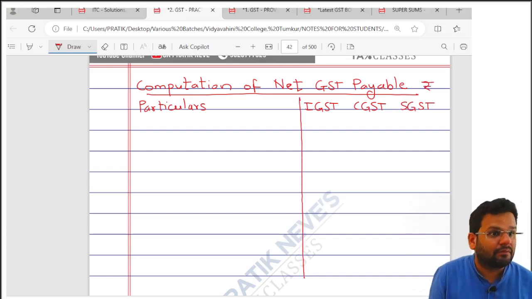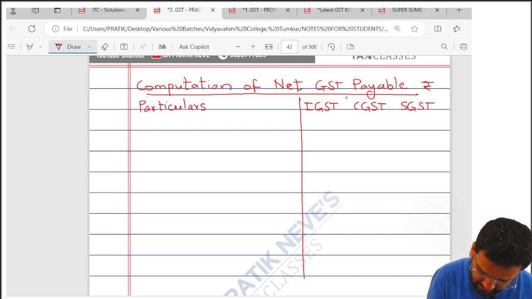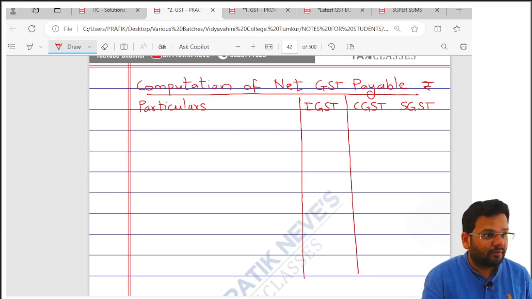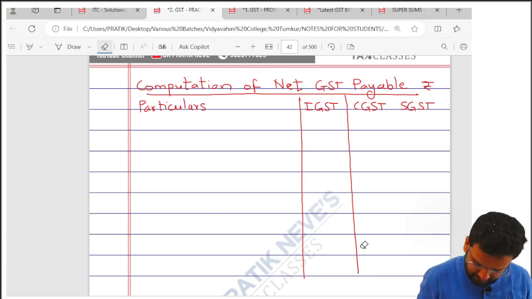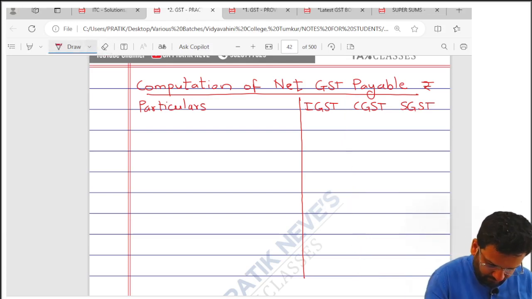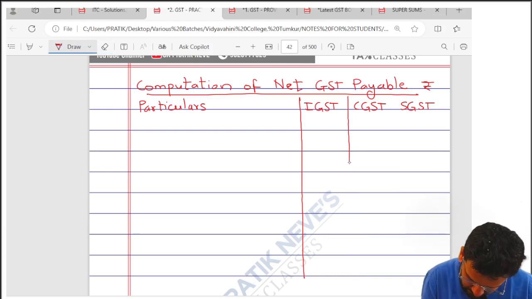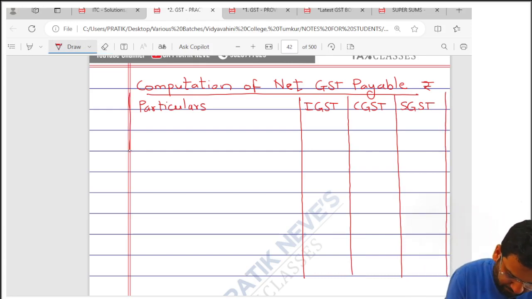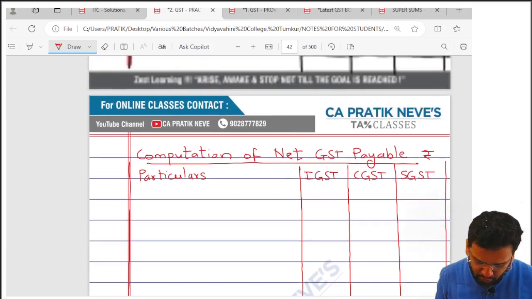Figures in rupees. Okay. Start with A point, output tax.